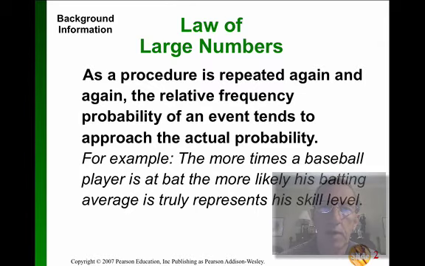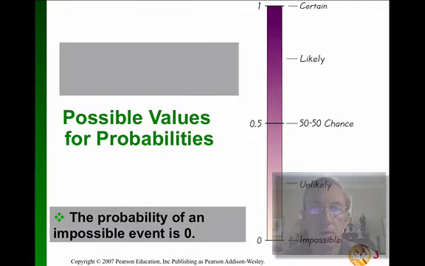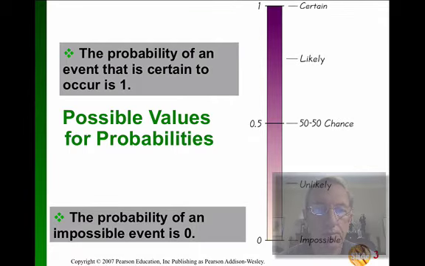Well, put them at bat 100 times and then see what their batting average is. 100 times will be a lot more accurate. And the probabilities always add up to 100%, and they range between 0 and 1.00 or 100%.